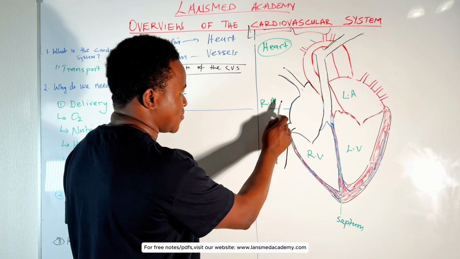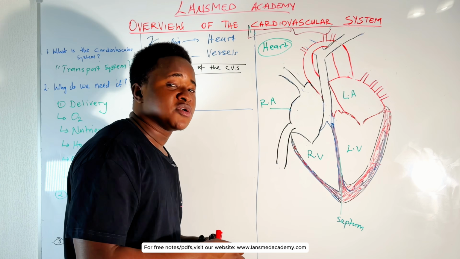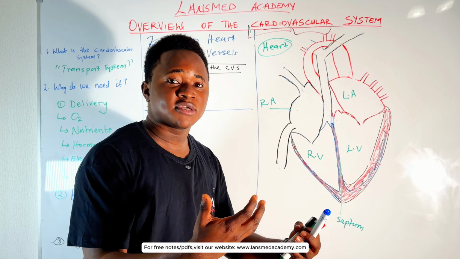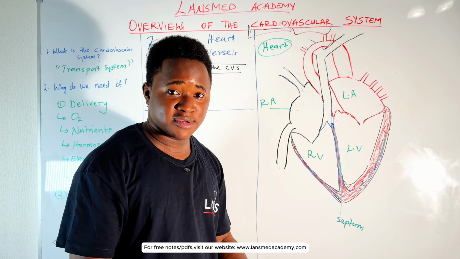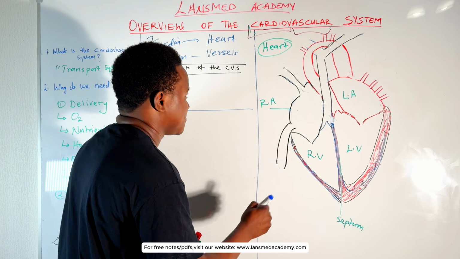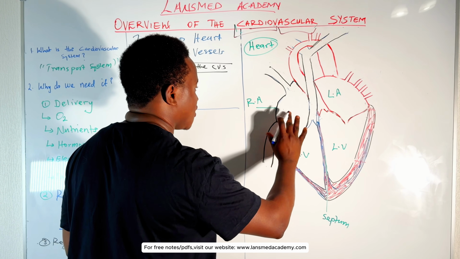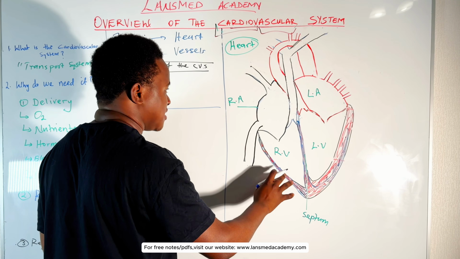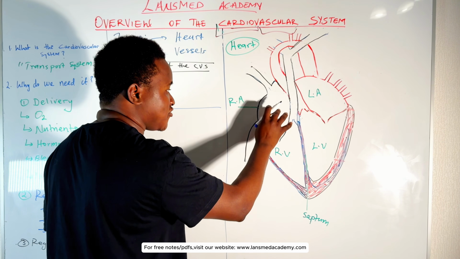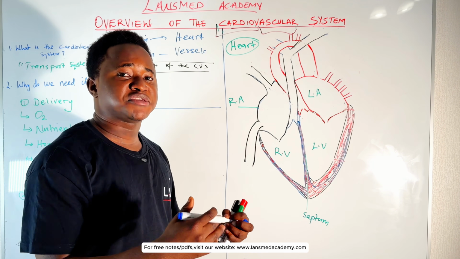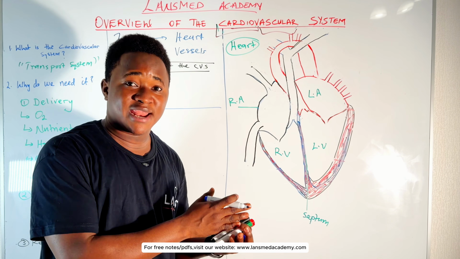Now let's look at here. The right atrium is receiving blood from every part of the human body. Just understand it this way. The right atrium receives blood from every part of the body. Now, this blood that is coming to the right atrium is not oxygenated. That means it doesn't have oxygen. It lacks oxygen.